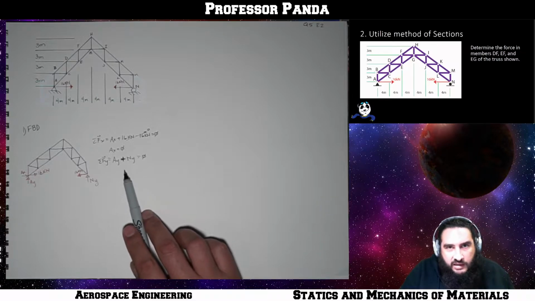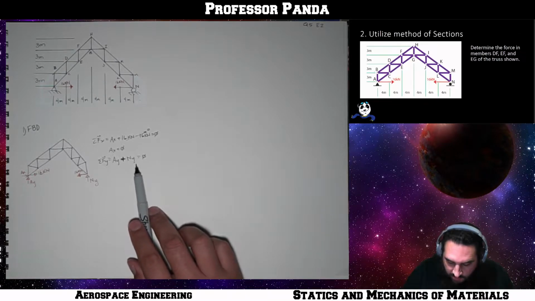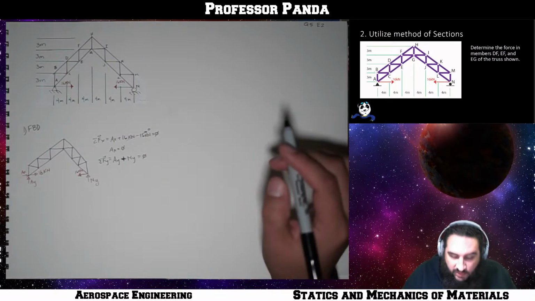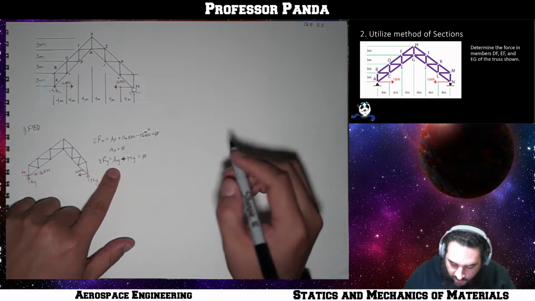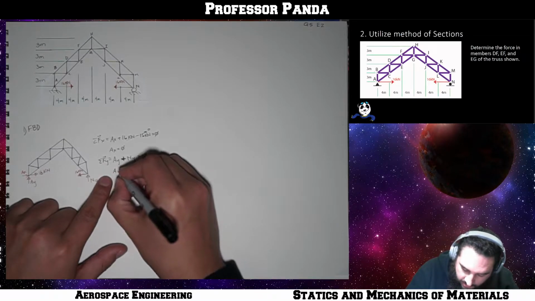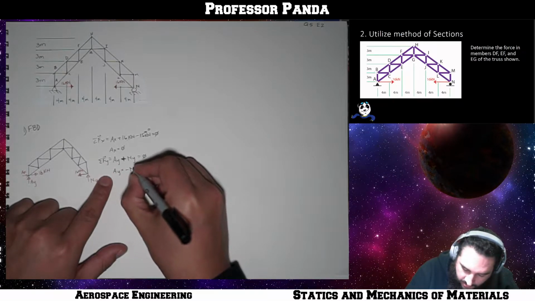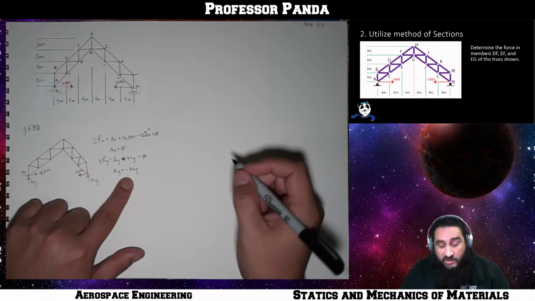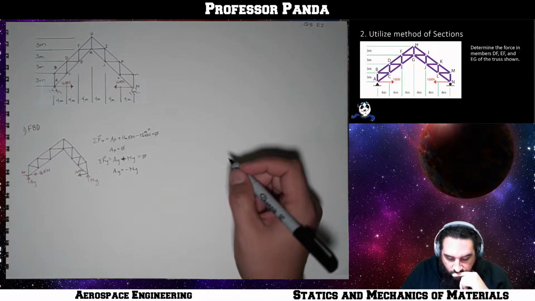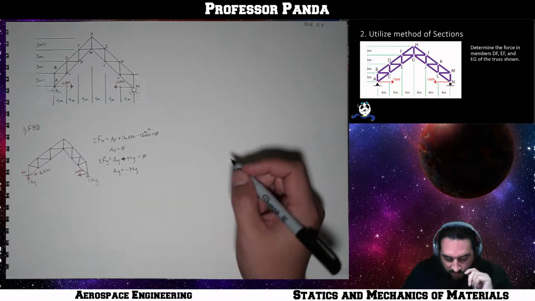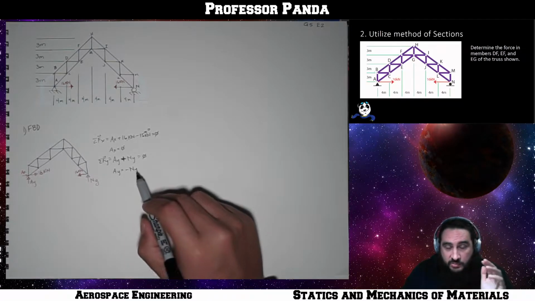Interesting. We haven't had a problem like this before, and it's been tripping up a couple of my students. There are a couple of things that could be going on here. Let's just solve for AY. So we have this relationship, and there are two possible outcomes with it.